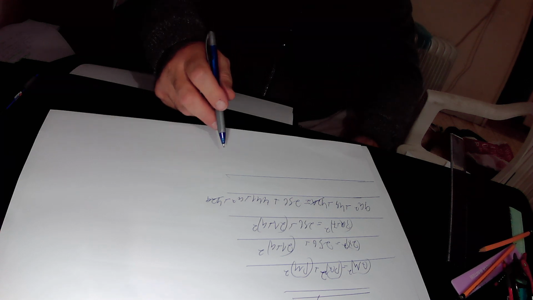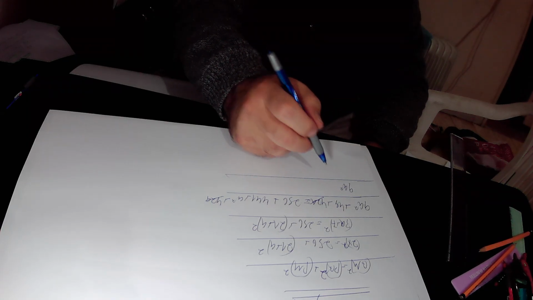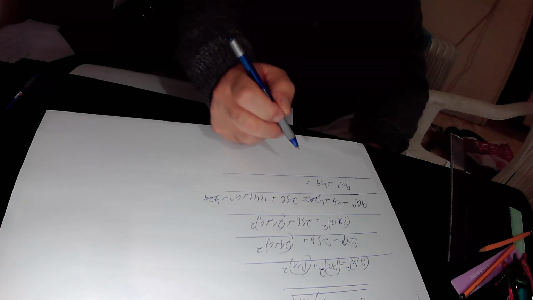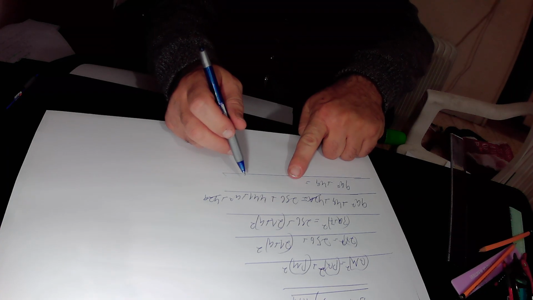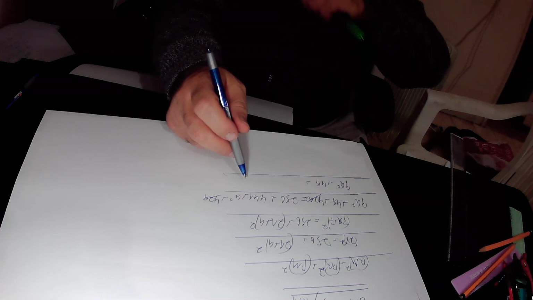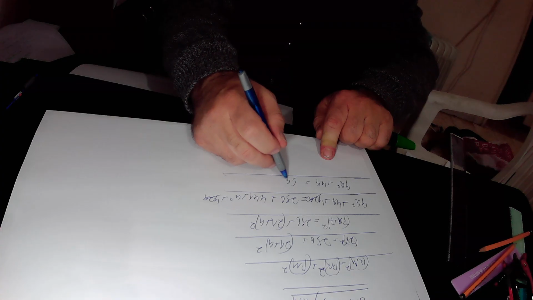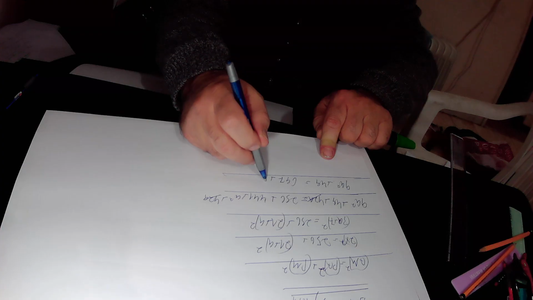After cancelling 42a, on this side of the equation we are left with 9a squared plus 49 equals 256 plus 441, which is 697, plus a squared.